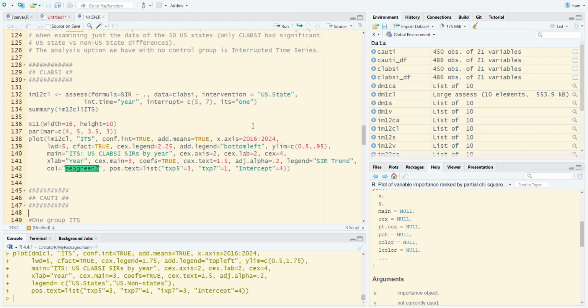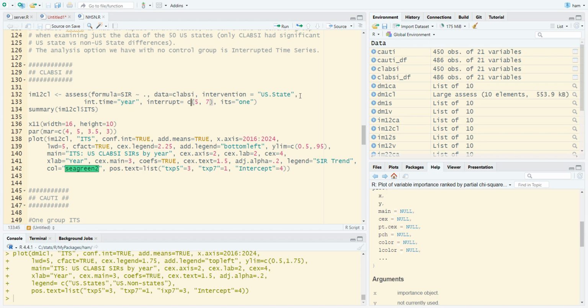So let's begin. I'm going to highlight the code for the CLABSI model. And this, again, is all 50 states. I'm going to use the same U.S. state variable. Because I don't have any non-U.S. states, this value would be 1 for all rows of data. And we're going to look at year as our intervention time.